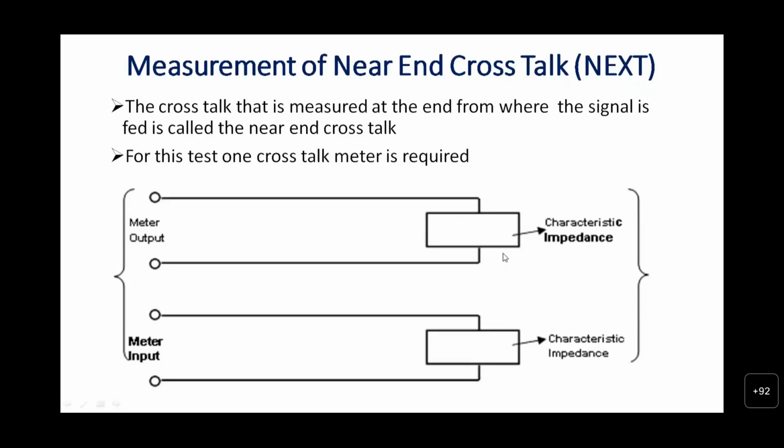We have to select and fix a characteristic impedance, and at the other end, the second pair also has to be connected with a characteristic impedance, and on the second pair we have to measure the output.